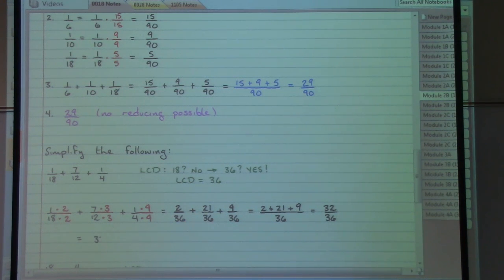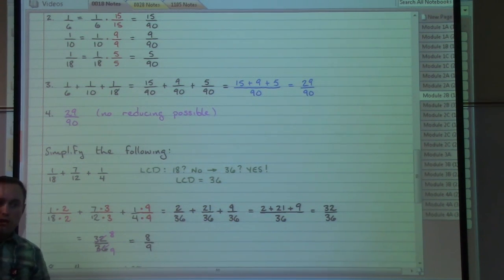So I'm going to go ahead and take that fraction and reduce by 4. 4 goes into 32 8 times. 4 goes into 36 9 times. I seem to be getting a fraction answer 8 over 9. Is there anything else that I can do to reduce that? No. So final answer, 8 over 9.